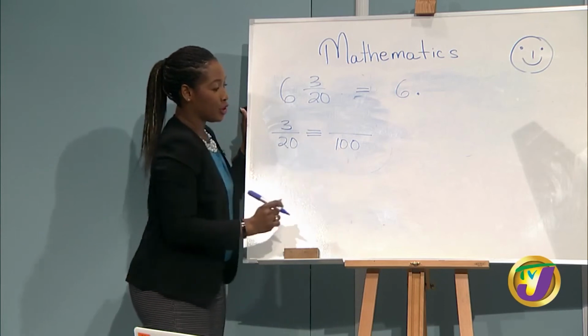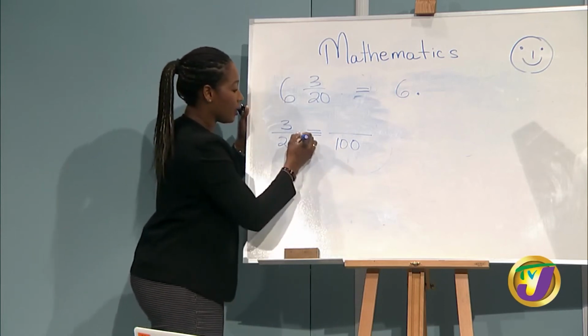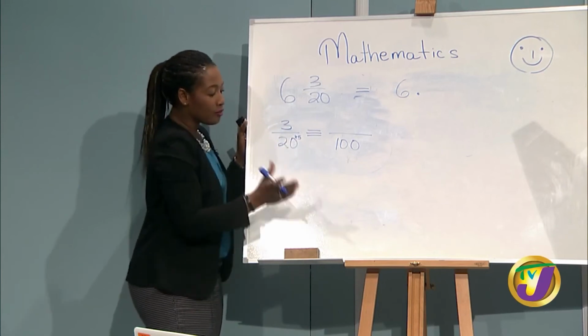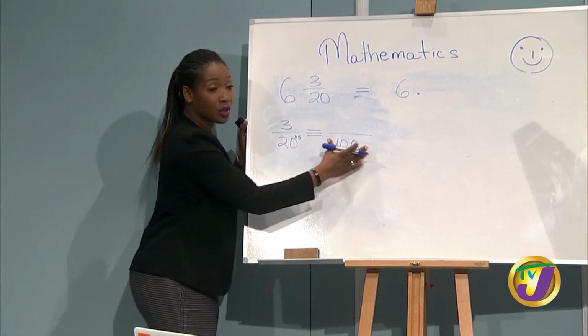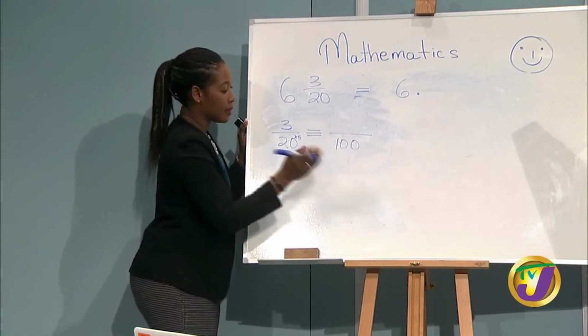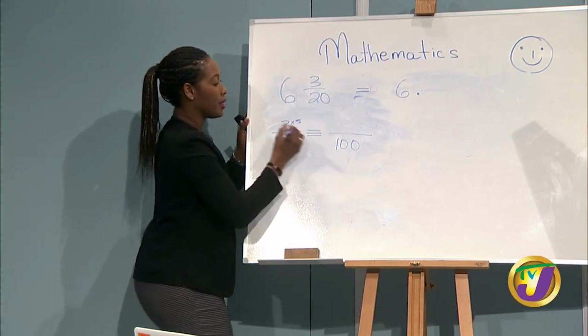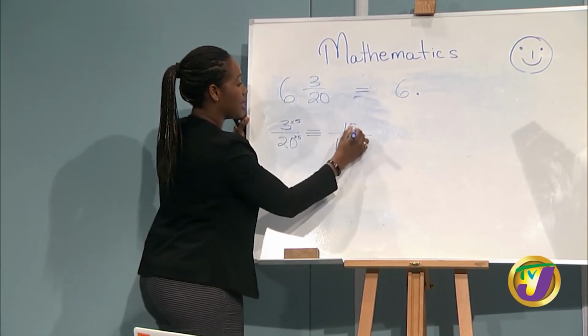20 divided into 100 gives me 5. So in order to convert this to the equivalent in hundredths, I would multiply by 5. I will also do it for my numerator, 5 3s, 15.